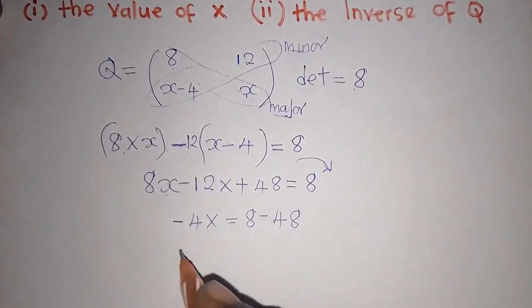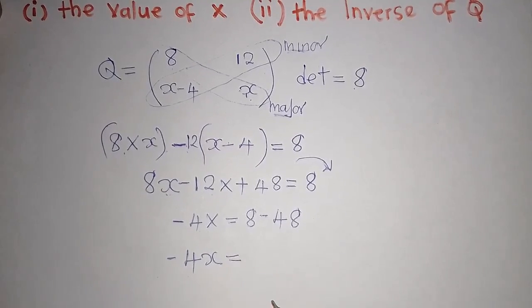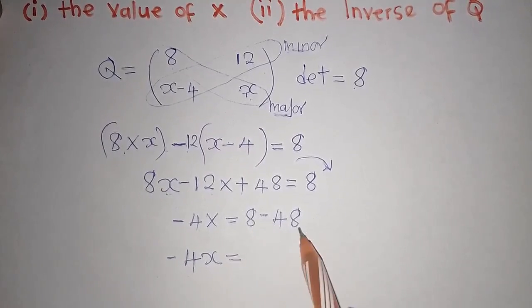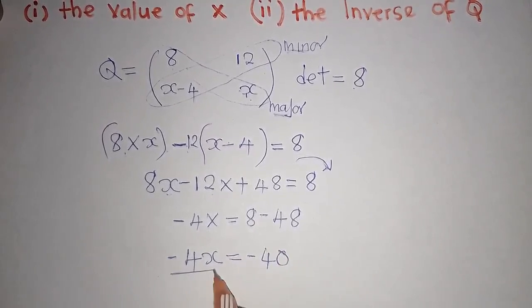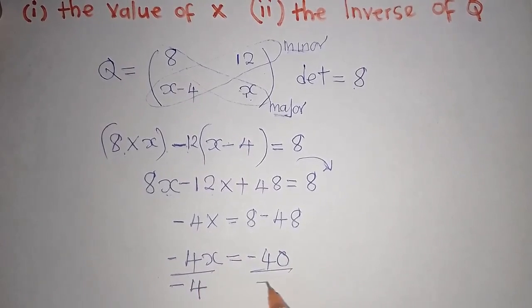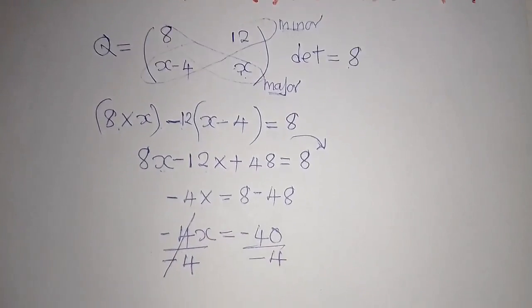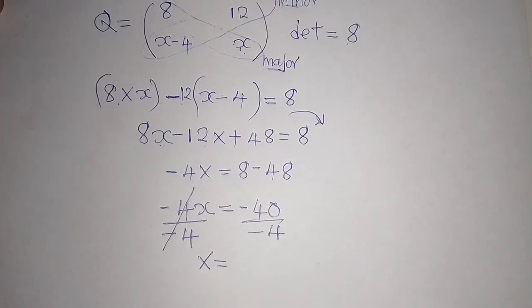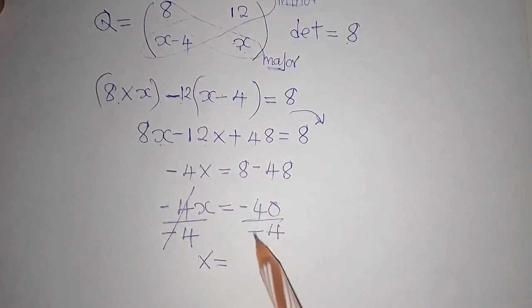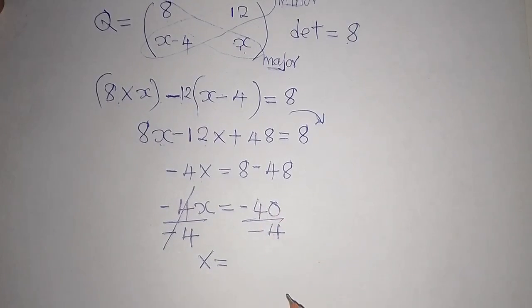You say negative 4x is equal to 8 minus 48. That's negative 40 there. Then you say over negative 4, over negative 4. When these cancel out, x will be equal to what? When we divide here, 4 into 40, that is 10.